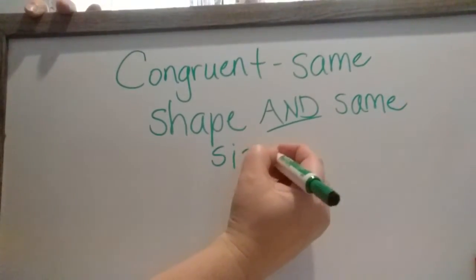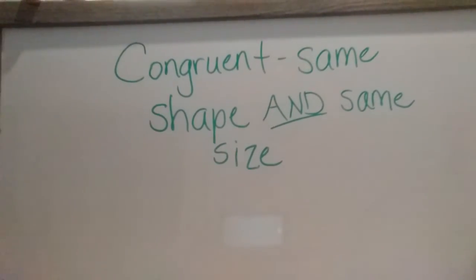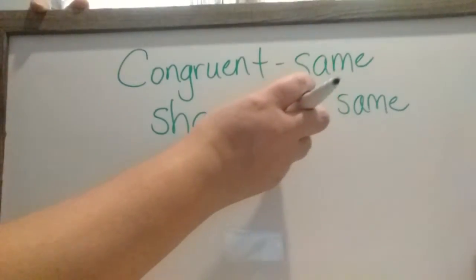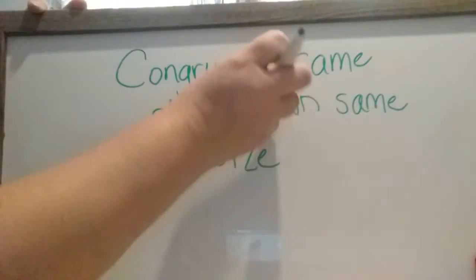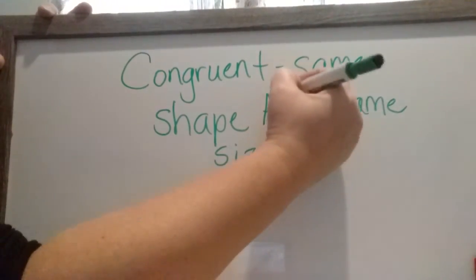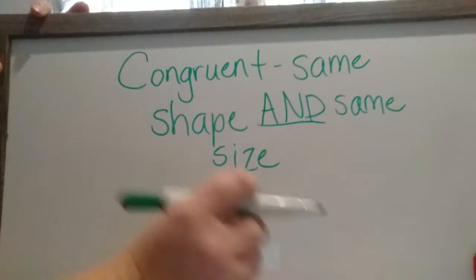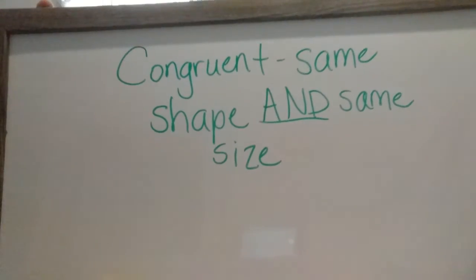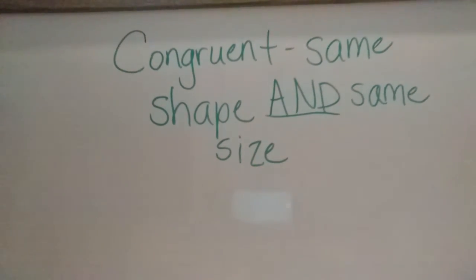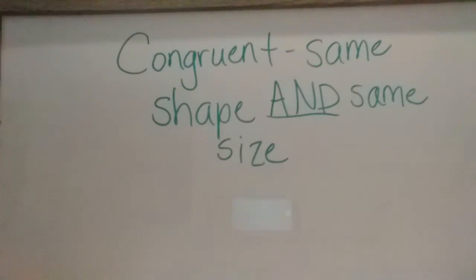So in B, we can slash that and trash it because we have a large square and a small square. C looks like it could be the same size and shape, only one is turned, so we'll go back to that one. D is 2 triangles, same shape, but they are made different. One is an acute triangle with very small angles, and one is a right triangle with right angles.